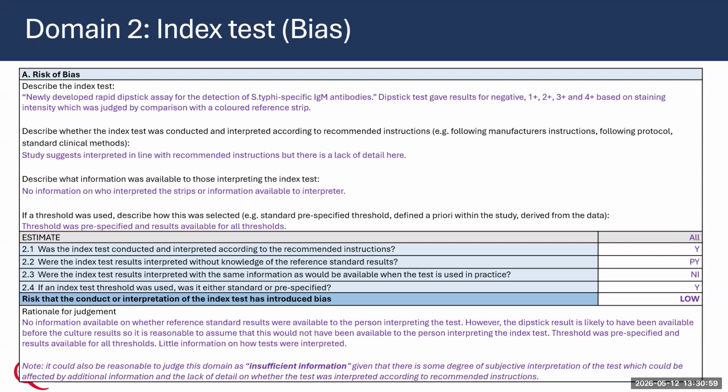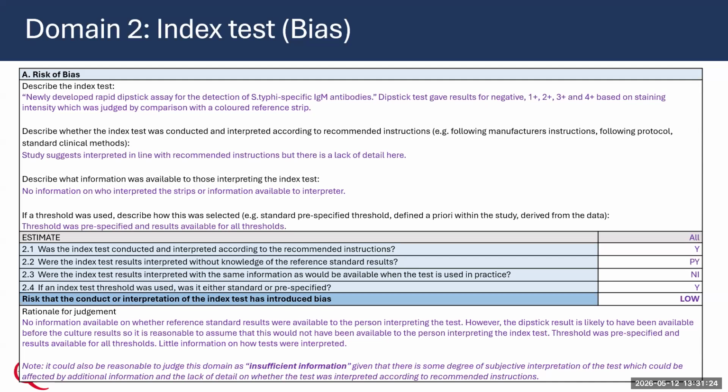So the threshold was pre-specified and results were available for all thresholds. So working through our signalling questions. So this time we haven't got to answer this domain separately for any of the estimates, because there's not going to be any different bias issues for the different estimates.